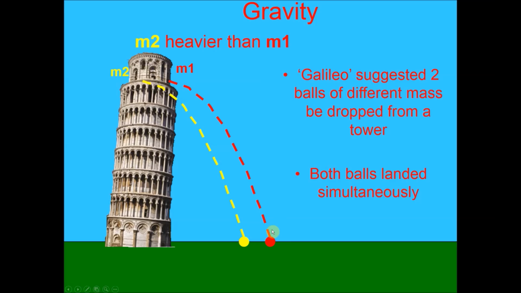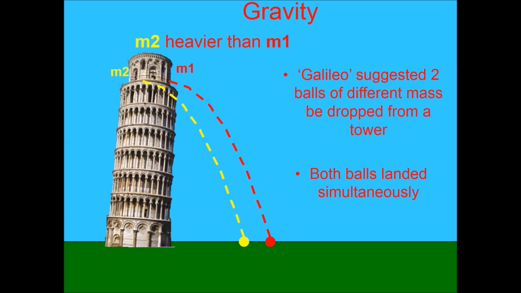As I said, we're ignoring air resistance. One of these doesn't have wings, one of these isn't a feather, versus one of these being a cannonball or something like that, which will react differently to convection currents and things like that. Let's just say these are both the same ball and they both react the same to falling through a fluid like the Earth's atmosphere. They will both hit the ground and land simultaneously.